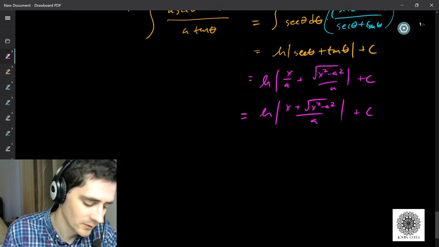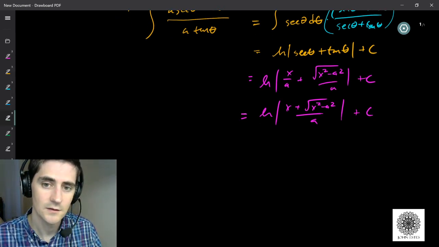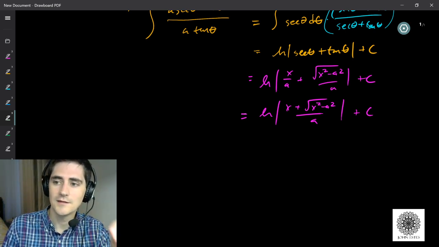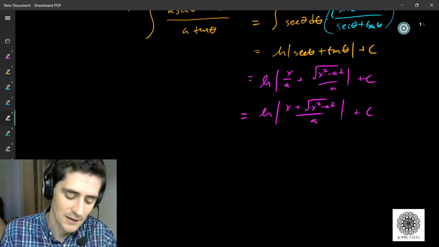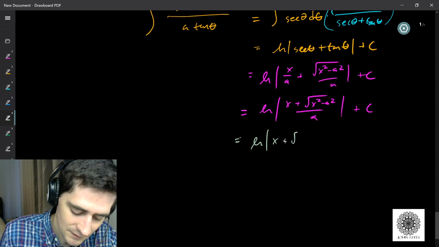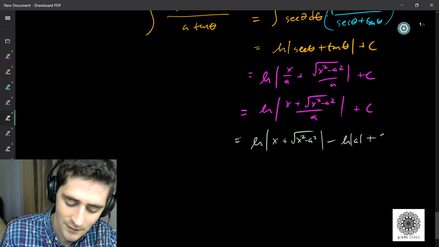And remember, with logarithms we have a property that you can take the division and turn it into subtraction of logs. So if you have division inside the logarithm, you can pull that out as subtraction. So this is actually ln of x plus the square root of x squared minus a squared, minus ln a. But remember, ln a is a constant.